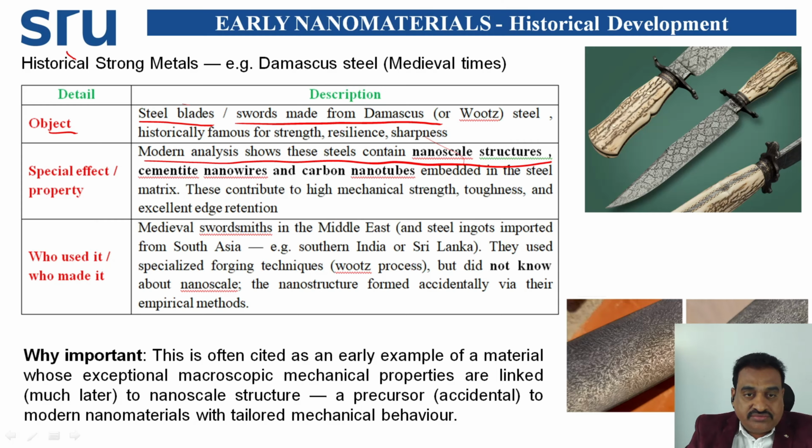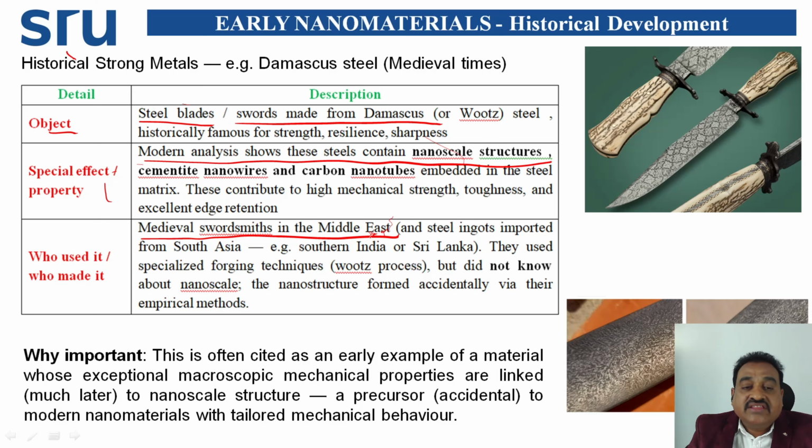Who used it, who made it? Medieval swordsmiths in the Middle East used steel ingots imported from South Asia, southern India or Sri Lanka. They used specialized forging techniques and the wootz process, but did not know about the nanostructures formed accidentally via their empirical methods.